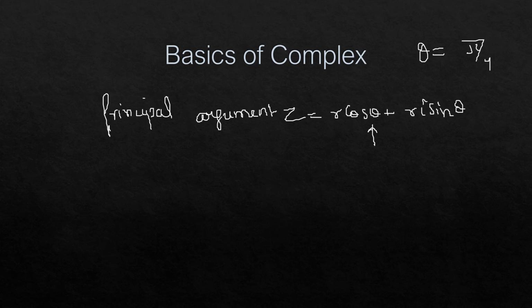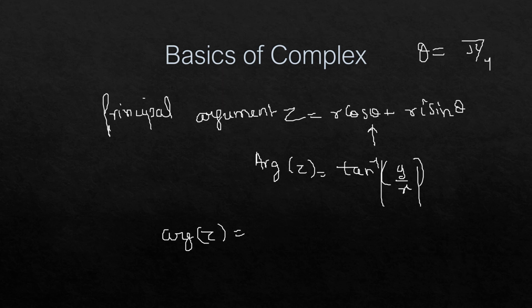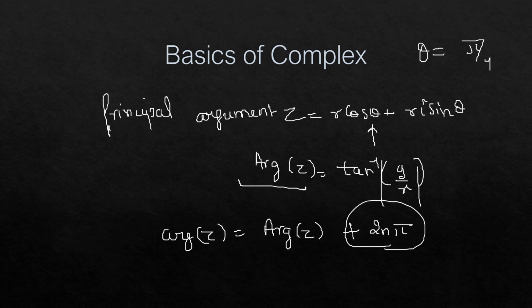So if I have to find out the principal argument, that will be argument of z, simply tan inverse of y by x, that too in modulus. But if simply argument is asked, then whatever your principal argument is, you have to add 2 n pi to it, because this is the period where it repeats itself. So this argument is not unique. n can be any integer.